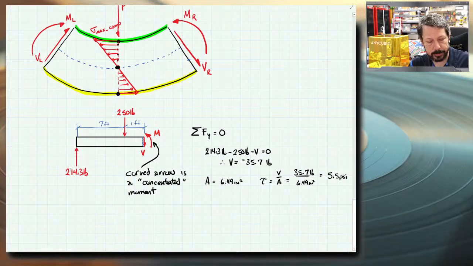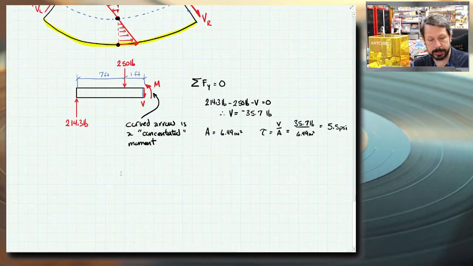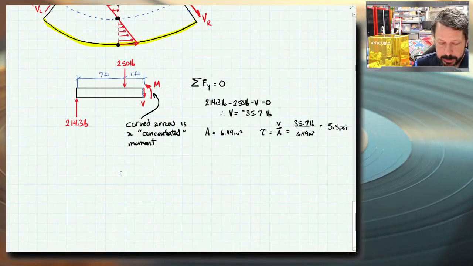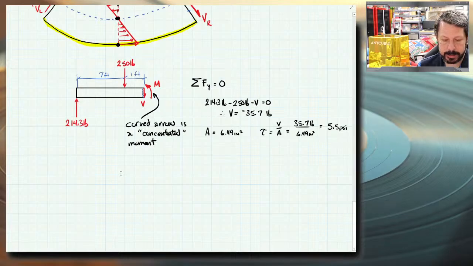I've got the 214 pounds. So they are working together to create this internal bending moment. But when we draw it as a curved arrow, it's a concentrated moment, in this case, a bending moment. And when I write a moment equation, it just is in the equation as a plus or a minus.